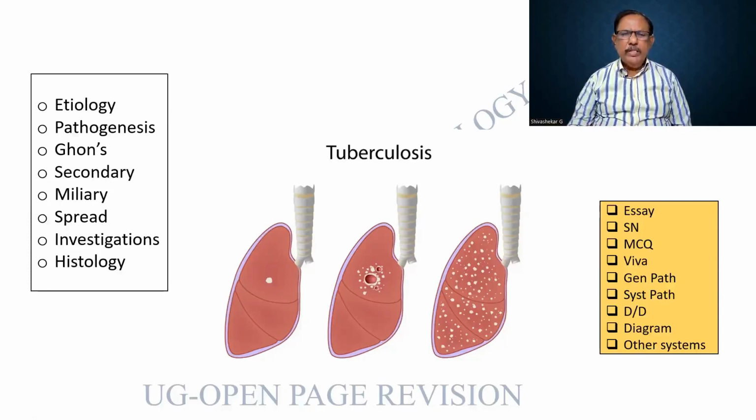And what are the differences between primary and secondary tuberculosis? I have given them in a tabular column. I would like you to go through it. Regarding the etiology, there are some conditions which can predispose: diabetes, for example, administration of steroids, malnutrition. A lot of conditions I have given.